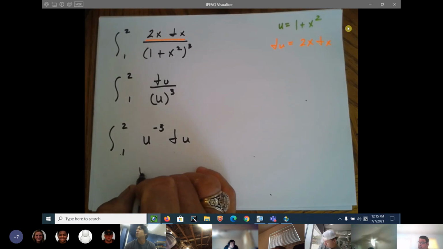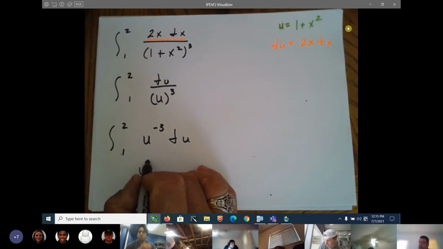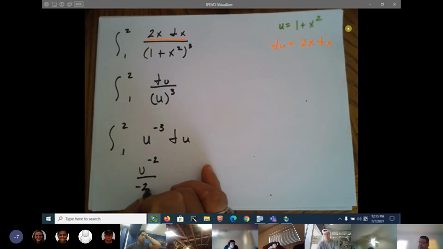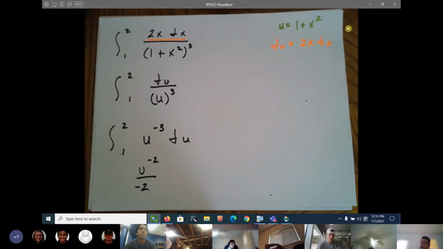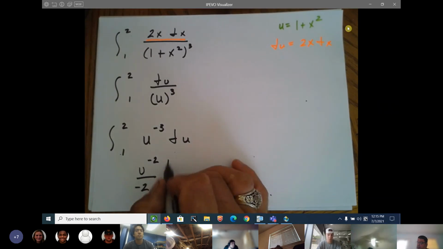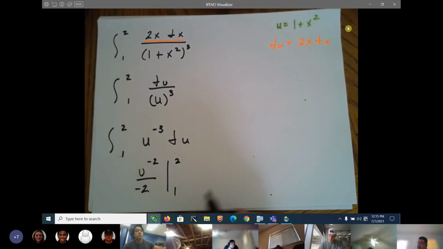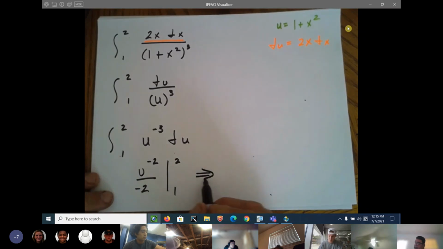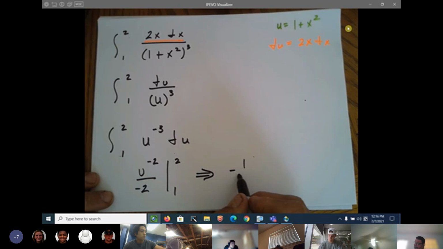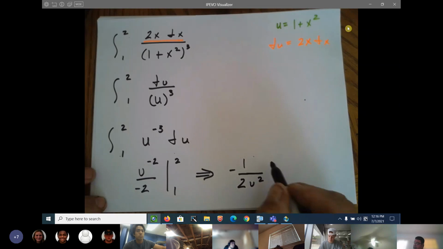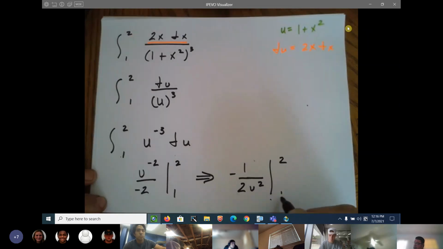This will be u to the negative 2 over negative 2, evaluated at 1 and 2, and that's going to be negative 1/2, and u squared is going to be on the bottom, evaluated at 2 and 1.